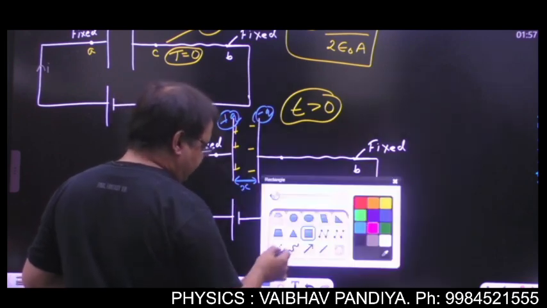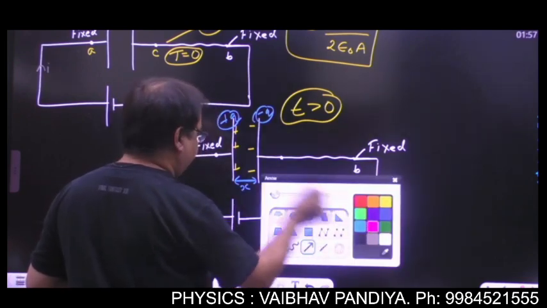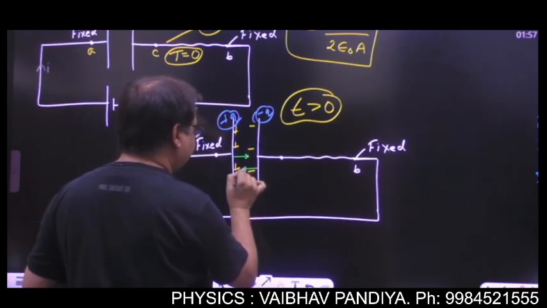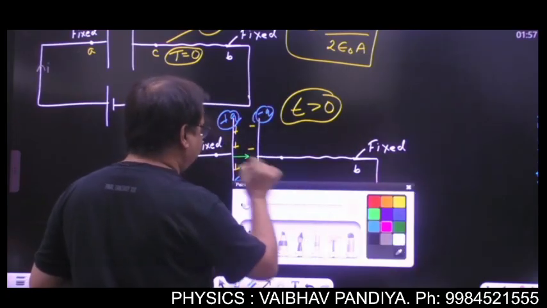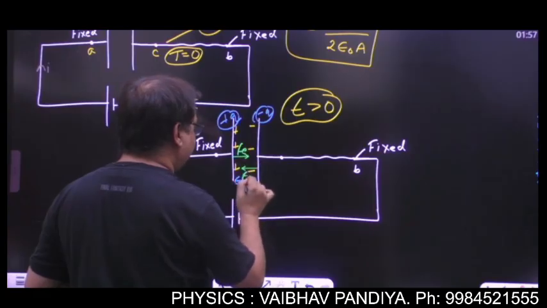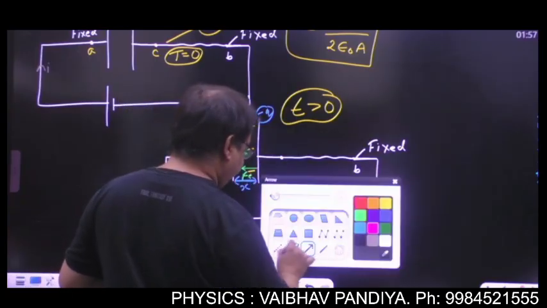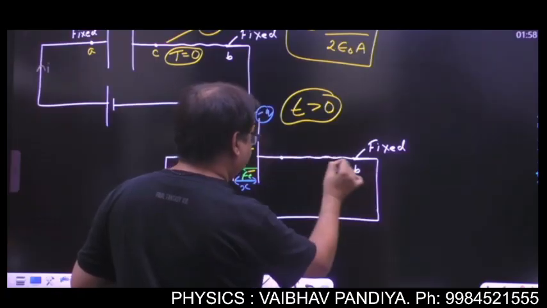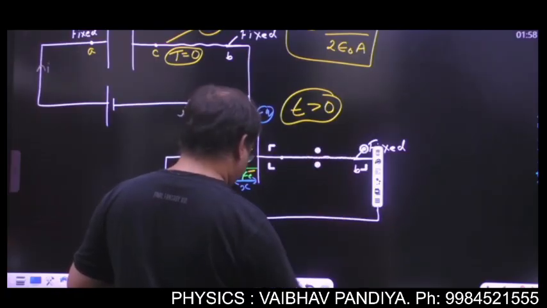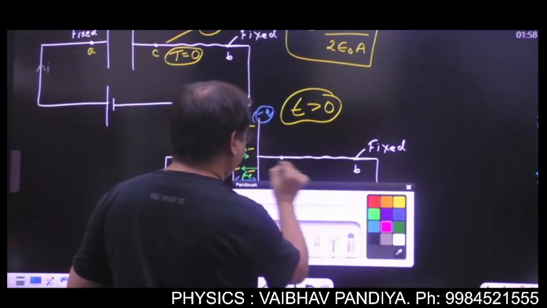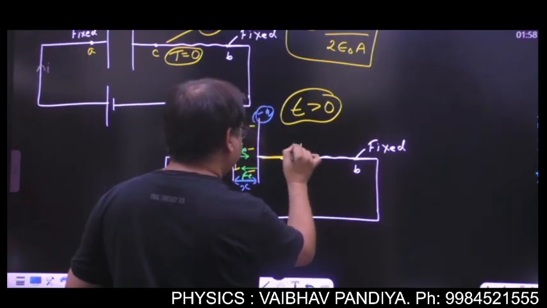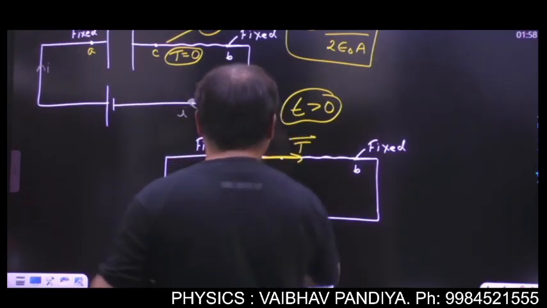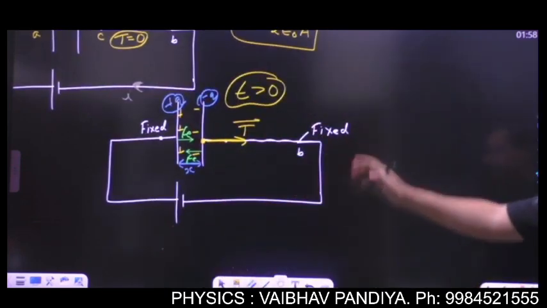Now since the plates develop some electric charge, the plates would be attracting each other with some electric force, and this wire which was earlier loose will now get tight. It will be under tensile force, and here T will develop, and since this plate is in equilibrium, T will be equal to Fe.